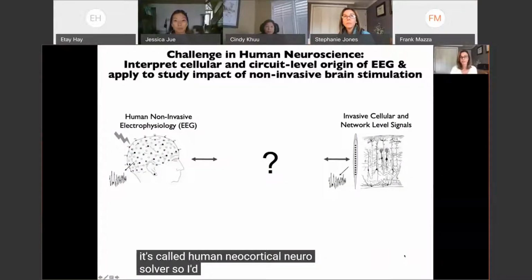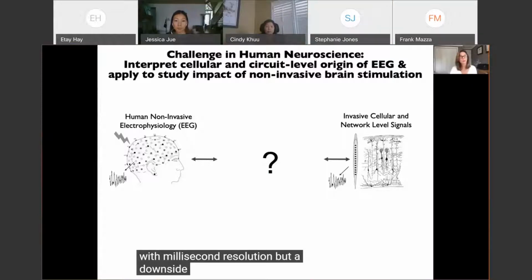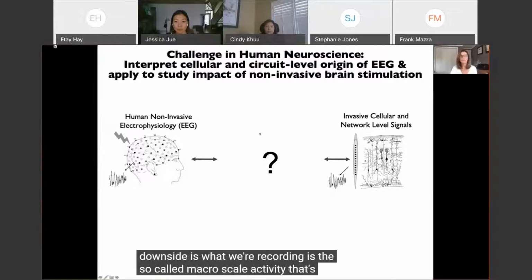So I'd like to begin by describing the challenge in human neuroscience that we aim to address. We all know that EEG is a very powerful technology because it gives us a direct readout of human information processing with millisecond resolution. But a downside is that what we're recording is the so-called macro scale activity generated by large ensembles of neurons.